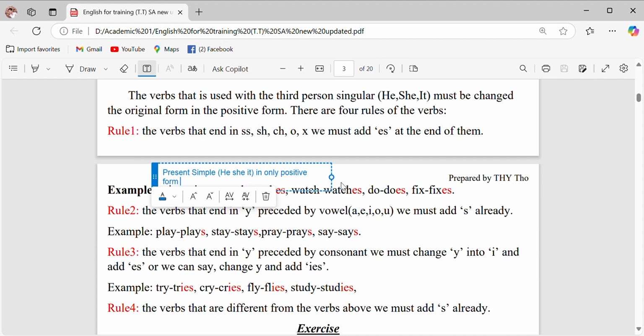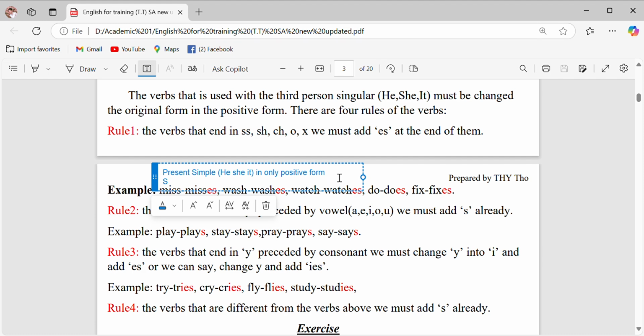You see, this only affects the present simple with the third person singular he, she, it in only positive form. Just remember that, because the form we studied already is about the positive present simple tense.